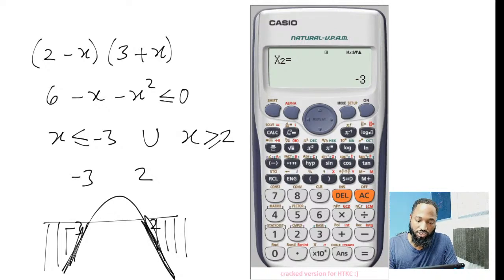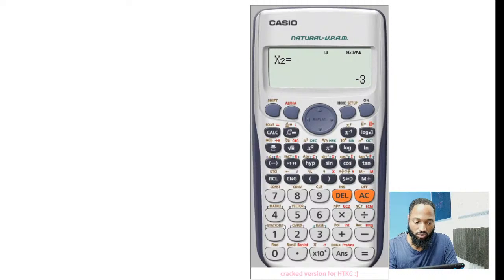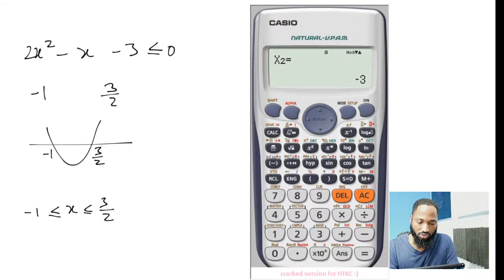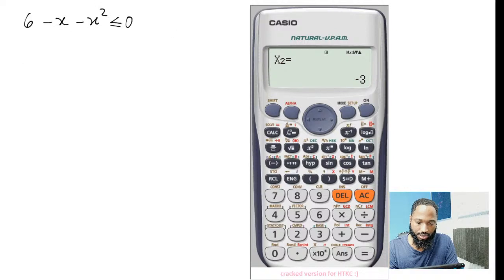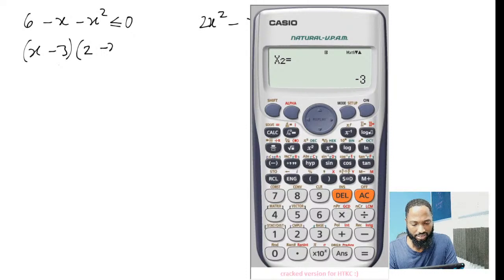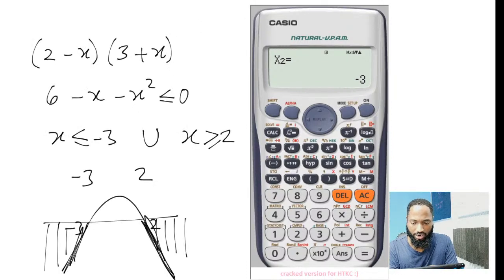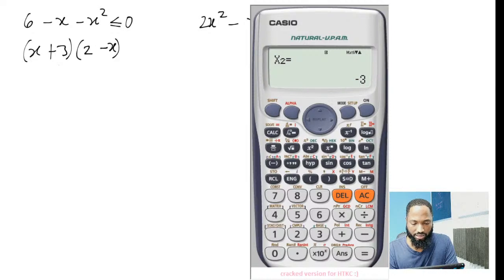Now let's take this equation and the next one and figure out how to do this the long, boring way, which is basically just factorizing without the calculator. Let's do it with this one too. I'll try to do it as fast as possible. So you factorize this: x minus 3, 2 minus x. x plus 3, 2 minus x.